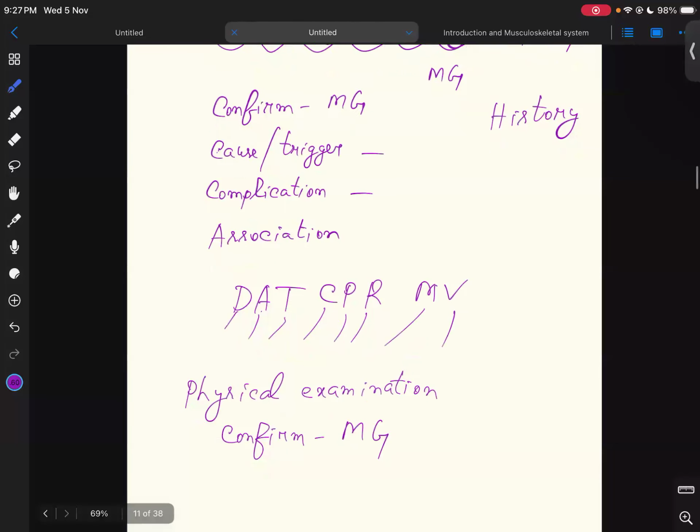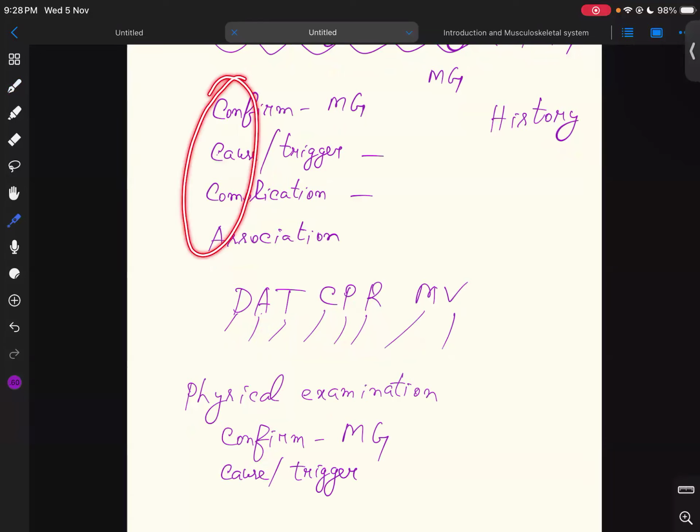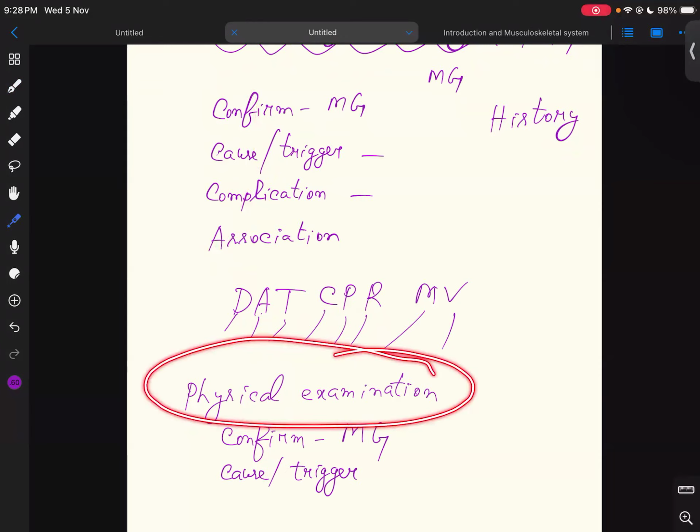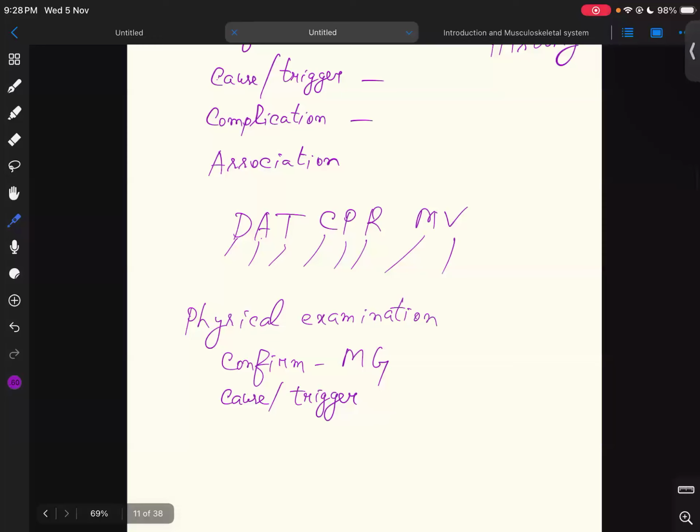Then, to find out the cause or trigger, actually there is no physical examination. So this indicates that you will not find all these components in all cases. In myasthenia gravis, to find out the cause or trigger, we don't have to do any physical examination. Is that clear to everyone? This is a very important concept to understand before proceeding in the course.